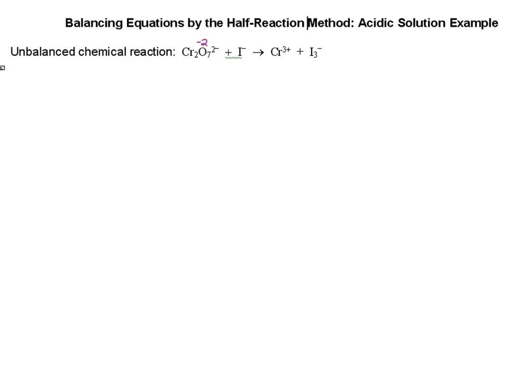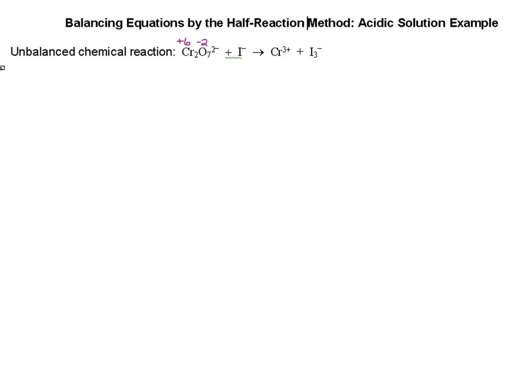So -2 times 7 is -14. The charge means it's going to have a net -2, so basically that's -12. So plus 12 must be those 2 chromiums, so plus 6 for each chromium. Just doing it in our head like that.